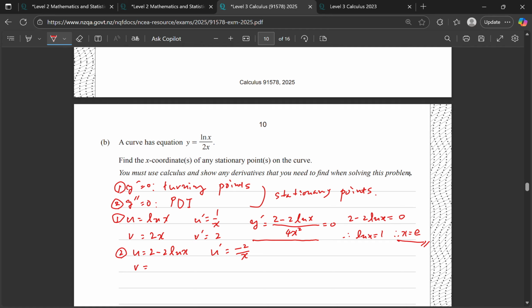And v is 4x squared. Hence v prime is 8x, isn't it?